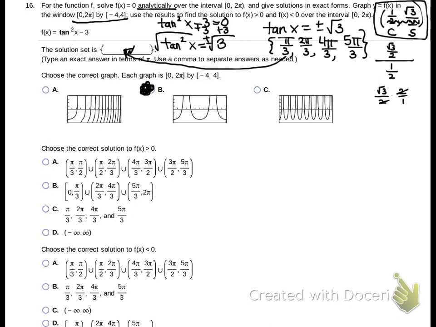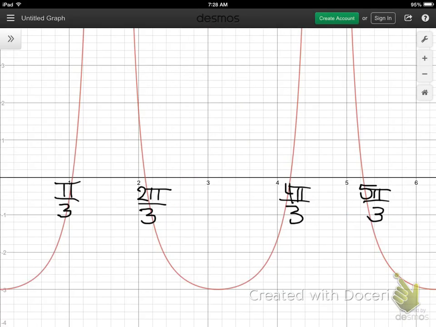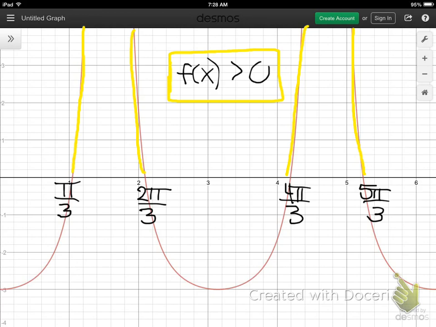So now we're looking at the next one. Find the correct solution to f of x is greater than 0. I'm going to use this graph just because it's a little cleaner. So f of x greater than 0 would be anywhere the graph is above the x-axis. So that would be here, here, anything above the x-axis. The next part actually asks for less than 0.